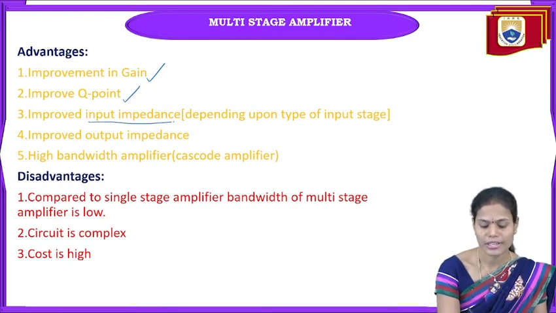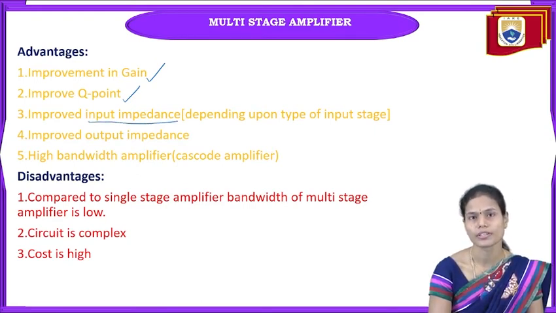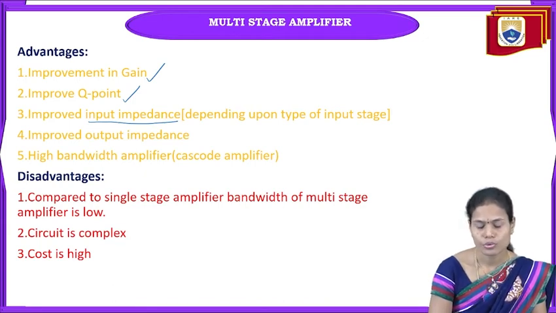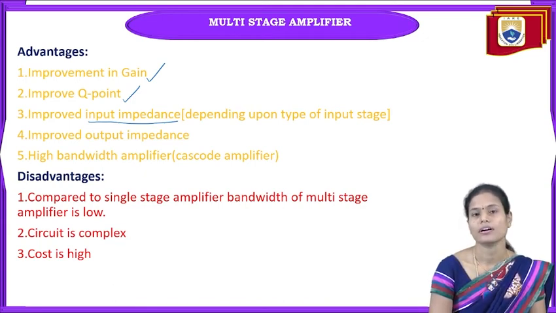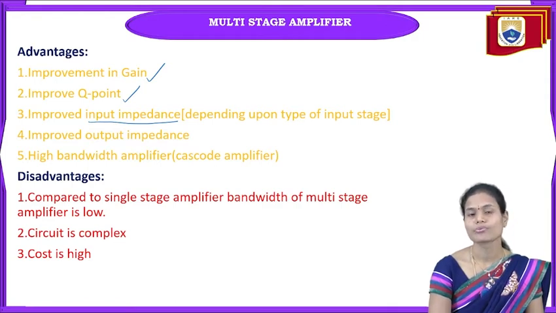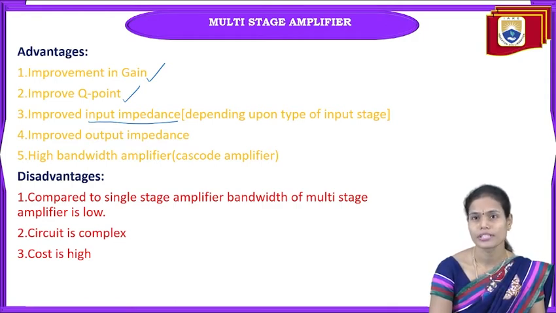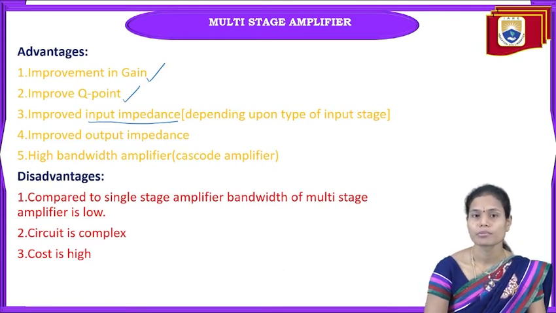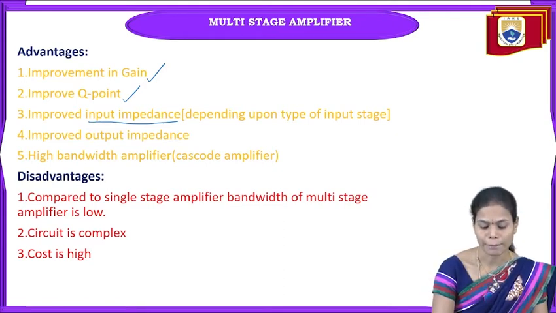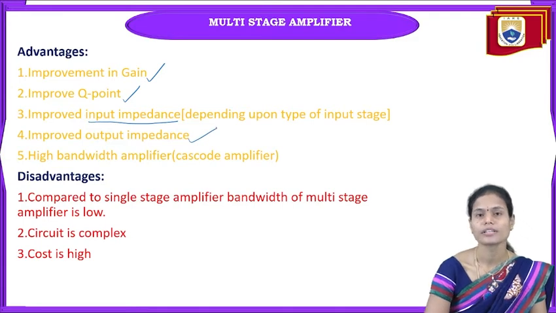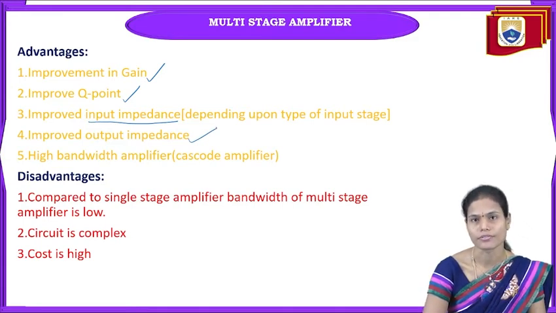The input impedance value is also increasing, and this input impedance value depends upon which type of coupling device we are using and which type of input signal we are providing across the input stage of the amplifier, and the output impedance is also increasing.